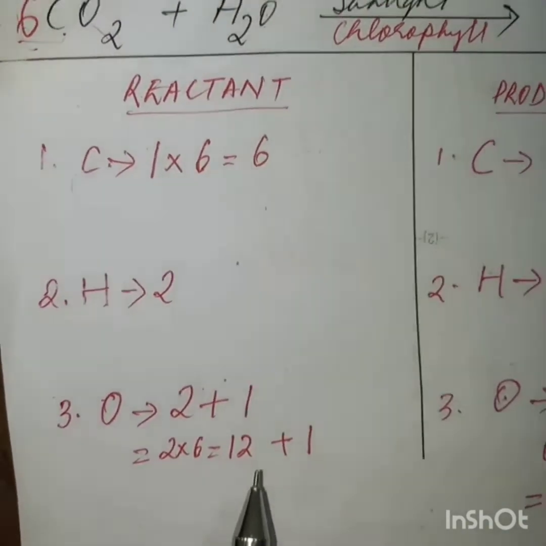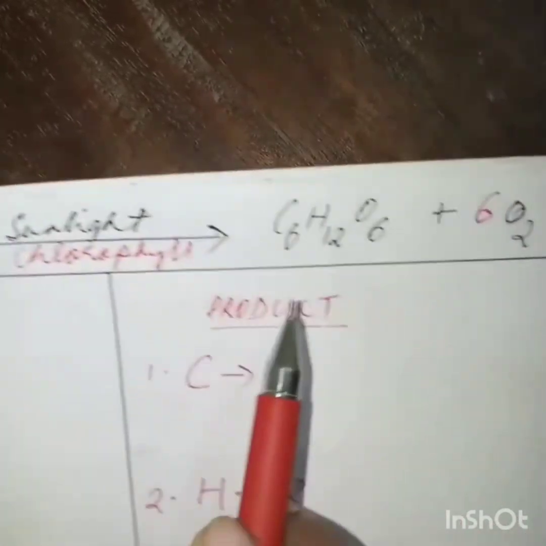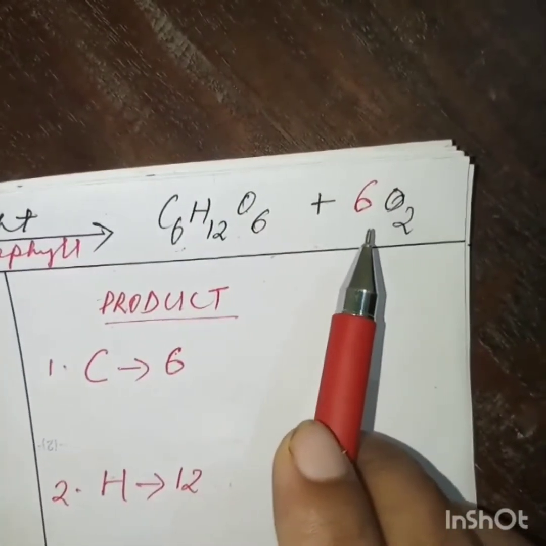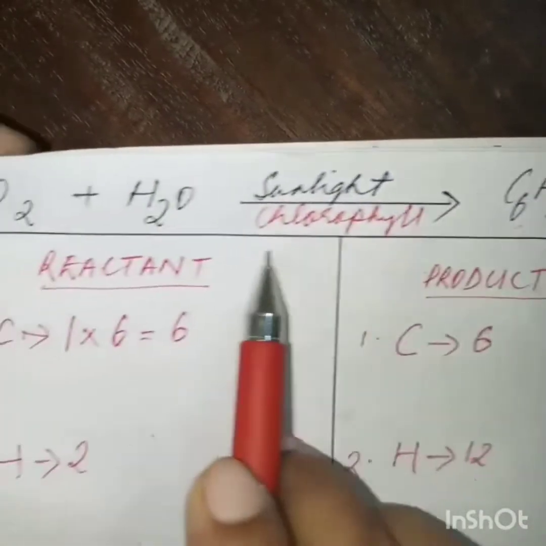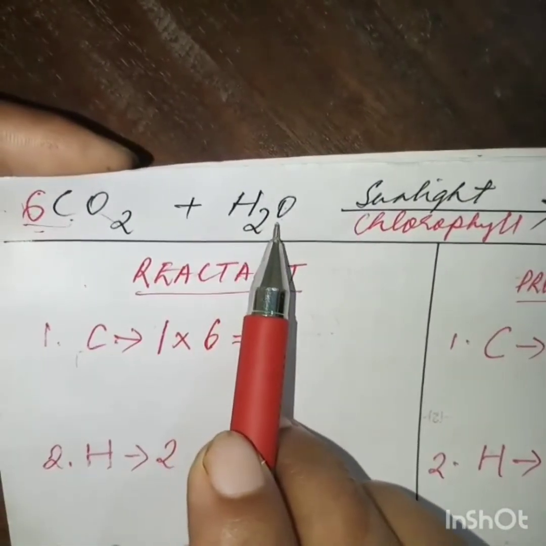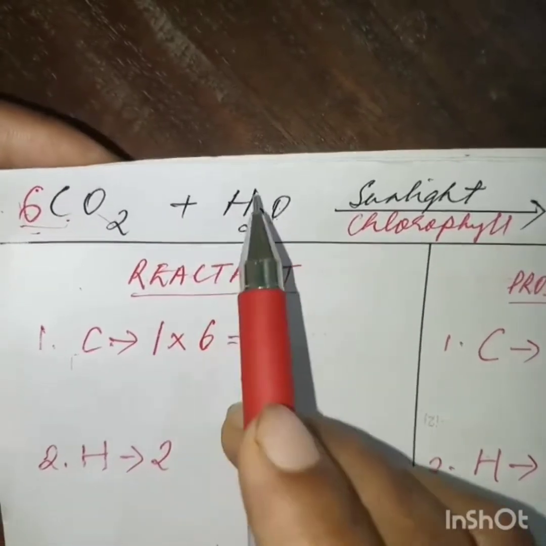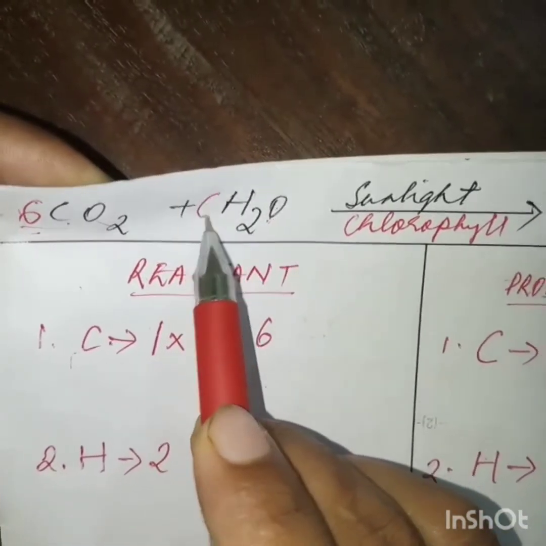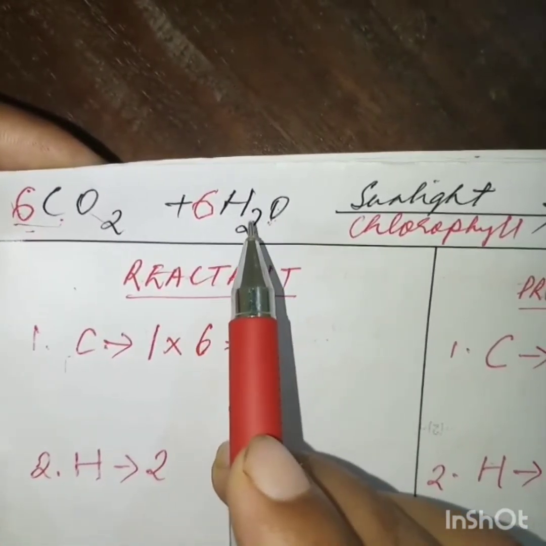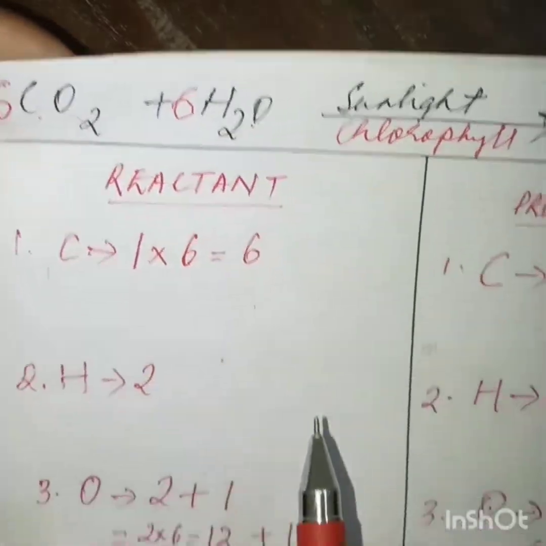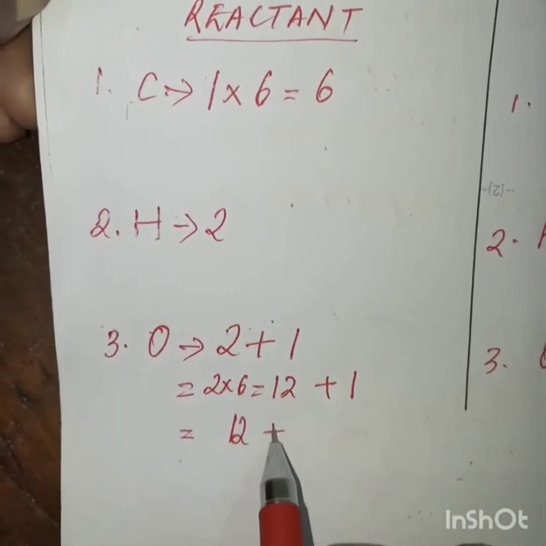Now here it is 6 atoms of oxygen. But if you look here in the water molecule, there is only 1. So in order to equal, you have to add up 6. So now this one has become 6.